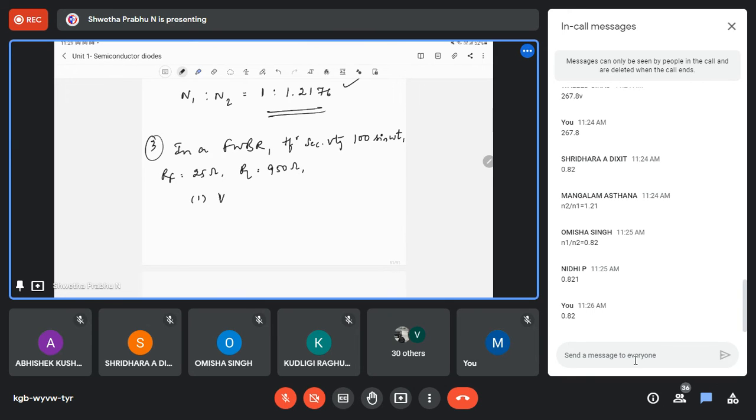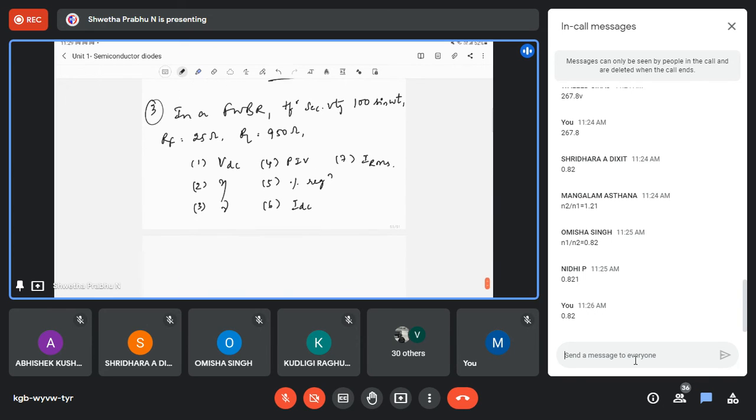Find VDC, ripple factor, efficiency, peak inverse voltage, percentage regulation, DC load current, RMS load current. Calculate all the parameters.